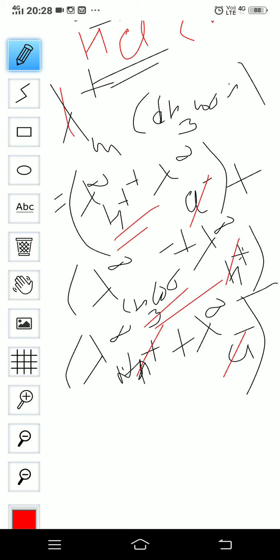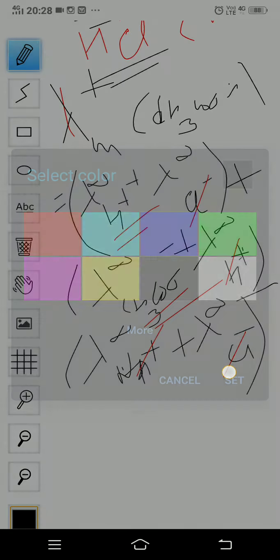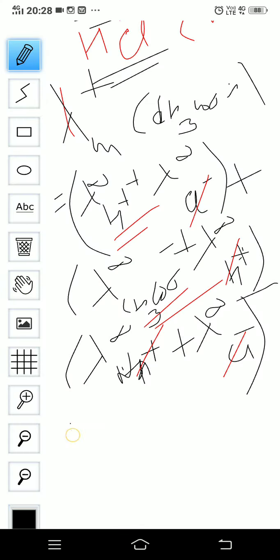Is this clear? So I'll write this as lambda H plus plus lambda CH3COO minus, at infinite dilution. This is the result I got after using these three particular values.